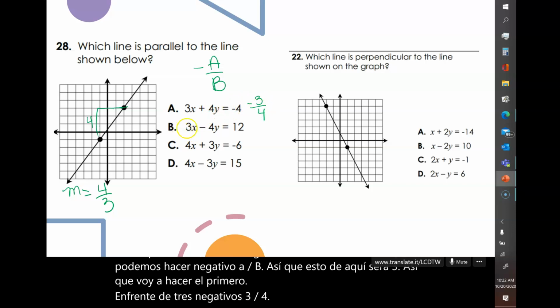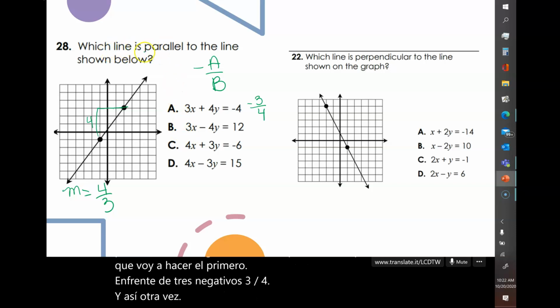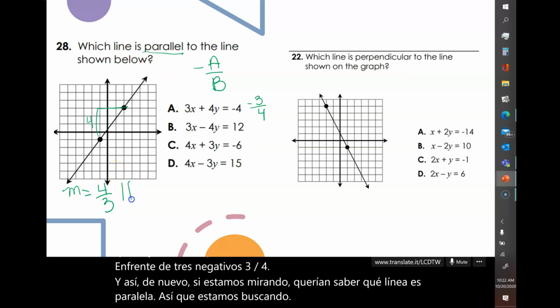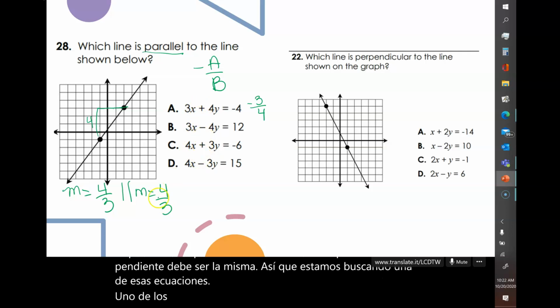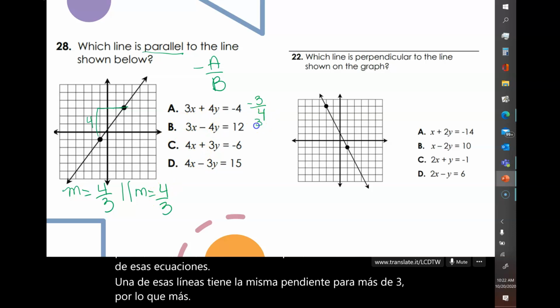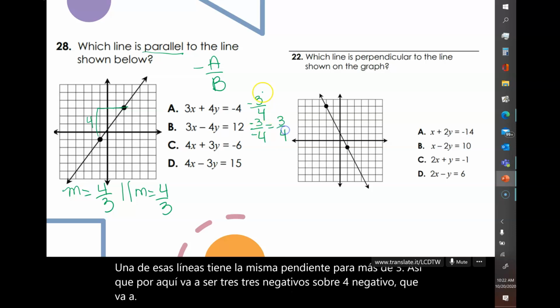And so again, they want us to know which line is parallel. If they are parallel, those slopes should be the same. So we are looking for one of those lines that has the same slope, 4/3. So over here, it's going to be 3, -3 over -4, which is going to be a +3/4.